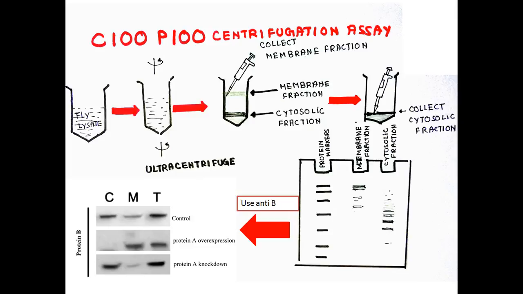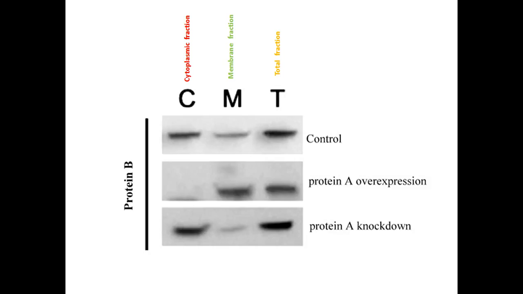This is our question. So you can see there is a Western blot, and in the detailed Western blot you can see there is C, which means cytoplasmic fraction, M means membrane fraction, and T means total fraction. In the control condition, you can see the particular protein B is present in both cytoplasm and membrane fraction, but still you can see in the red box, that means in the cytosolic fraction, the protein B is mostly present.